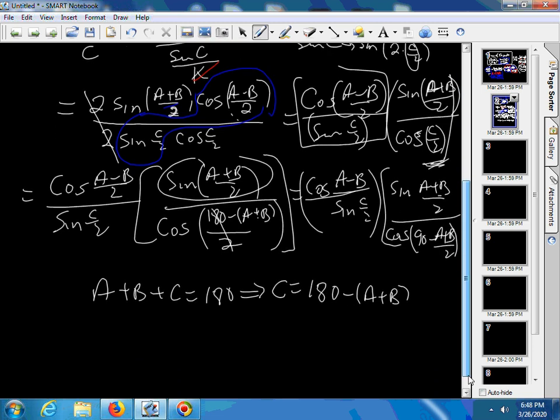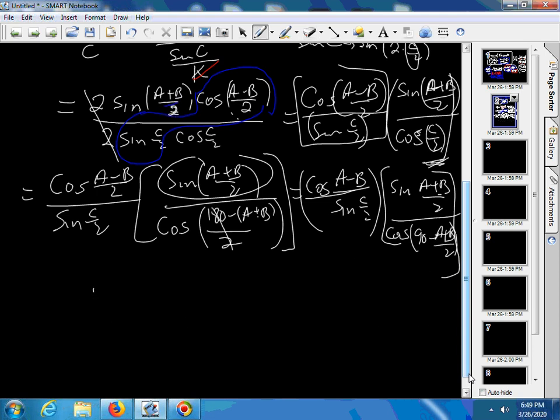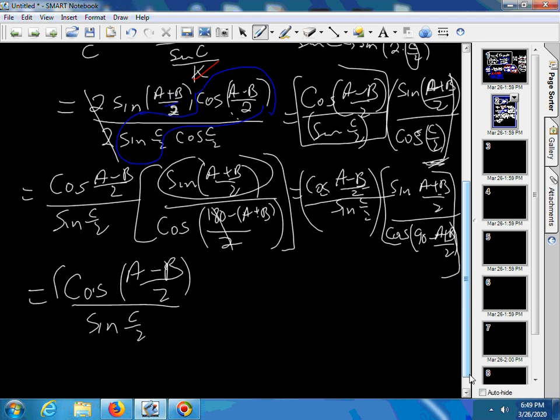Now this is where everything comes together. So we have the cosine of (a minus b) over 2 divided by the sine of c over 2. Not gonna touch that.